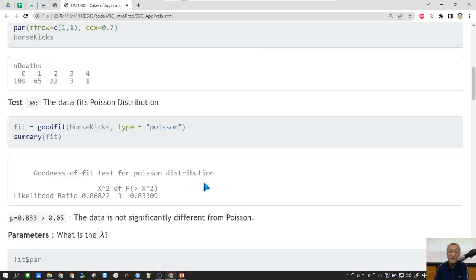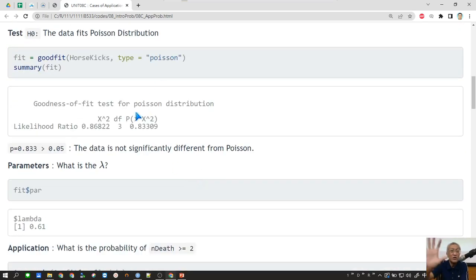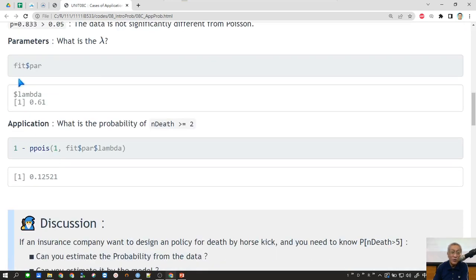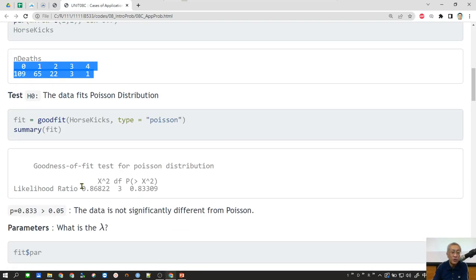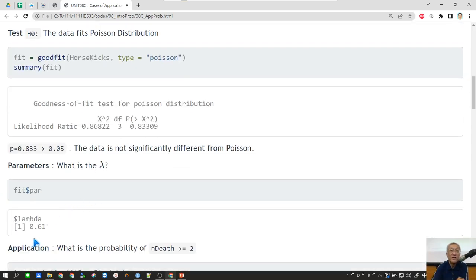Once you fit it, the goodfit function will return an object, and within this object there is the parameter. So you can see that this data can fit a Poisson distribution with lambda equal to 0.61.